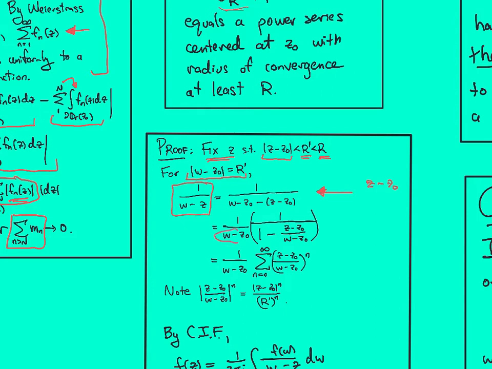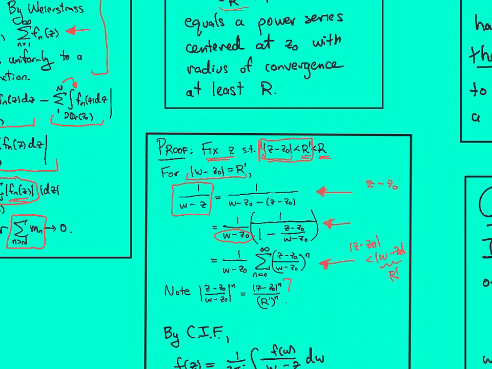I factor out a w - z0, and now this is starting to look like a geometric series, and so I write it like a geometric series, and I can do that because |z - z0| is less than |w - z0|, because this was r', and I'm assuming that |z - z0| is less than r'.